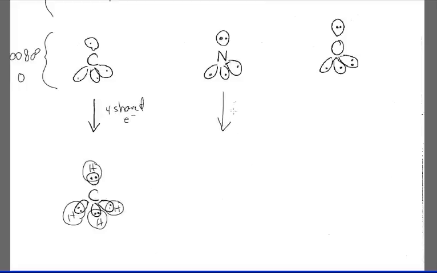So we can say we had 4 shared electrons. Nitrogen has only 3 available to share, so it can bond to 3 hydrogens. So we'll redraw that. And nitrogen has 2 that are not paired, and then it can share 3 with hydrogens.